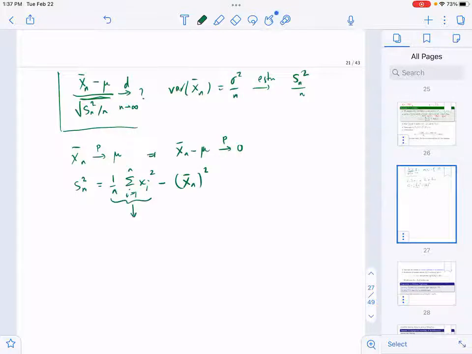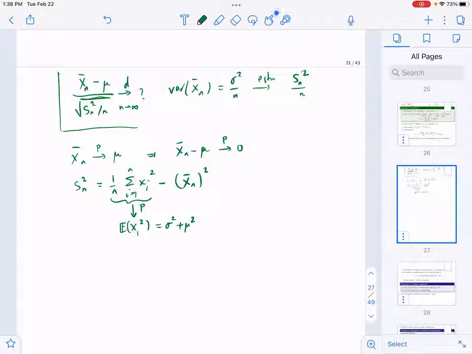It converges in probability by the weak law of large numbers to what? To the expectation of one of them squared, right? This is the second moment. This would be basically sigma squared plus mu squared, right?